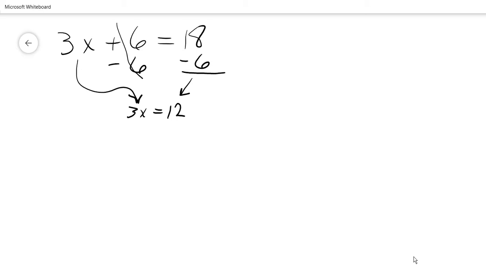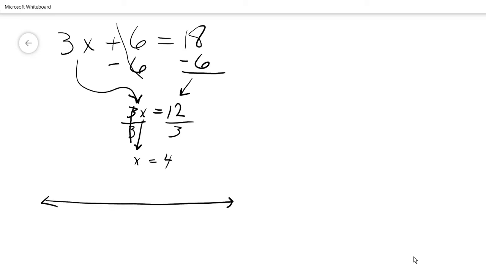So it has to be multiplication, and we break multiplication by doing the opposite of multiplication. We do division. Over here on the left-hand side, 3 divided by 3 is 1. 1 times x is x. 12 divided by 3 is 4. So x is 4.